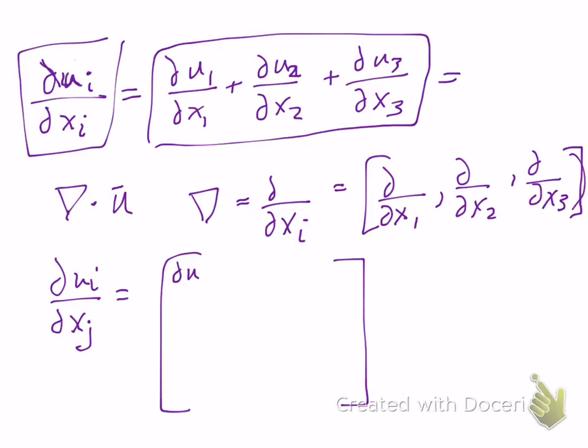The first one will be du1 dx1, and then down here we have du3 dx3, and du1 dx3, and you fill in the others. So this is the gradient of a vector, because you're taking the gradient in many directions. It stays as a tensor.